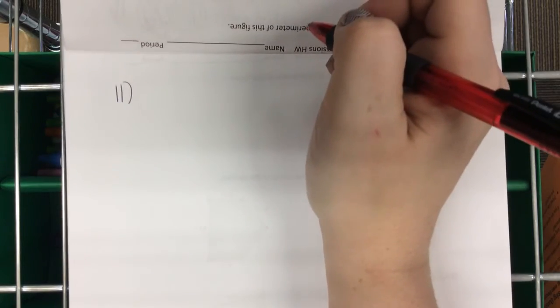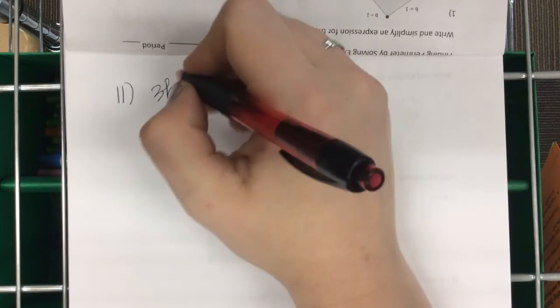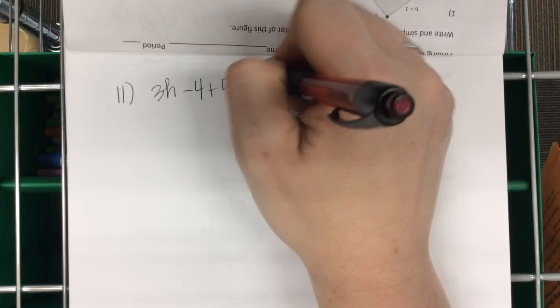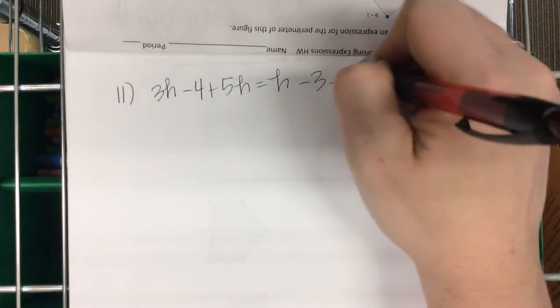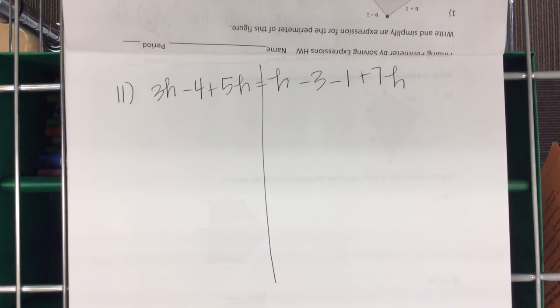All right, 11. 3h minus 4 plus 5h equals h minus 3 minus 1 plus 7h. So let's simplify.